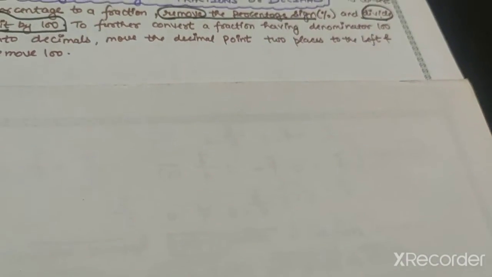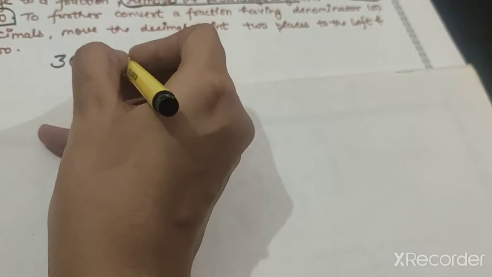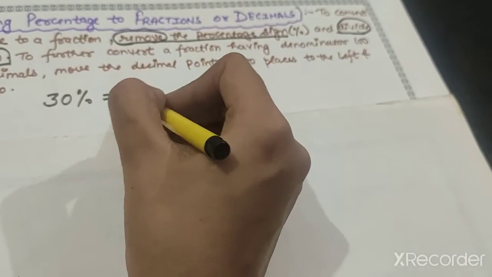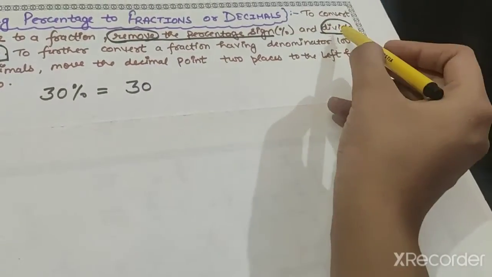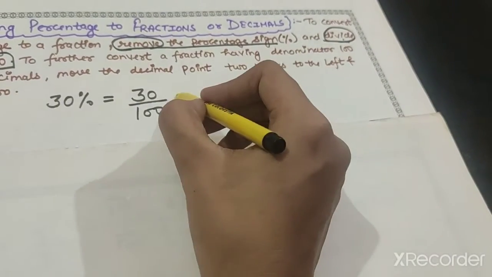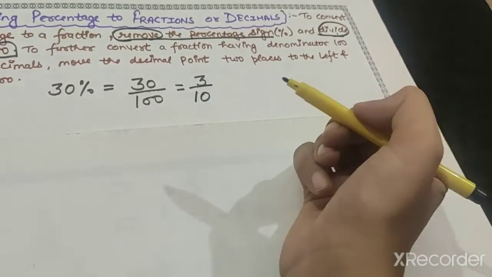Let us look at one example. For example, 30%. You have to convert this percentage into a fraction. So remove the percentage sign. I have just removed the percentage sign. Divide it by 100. Now if you want to write it in simplest form, cancel out the common factor, it will be 3 by 10.